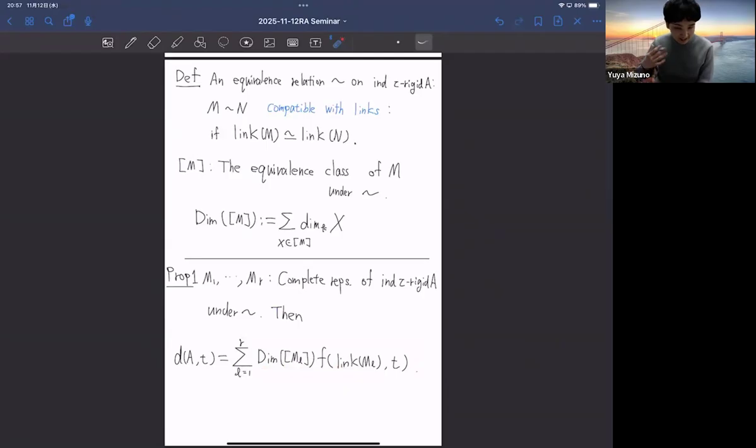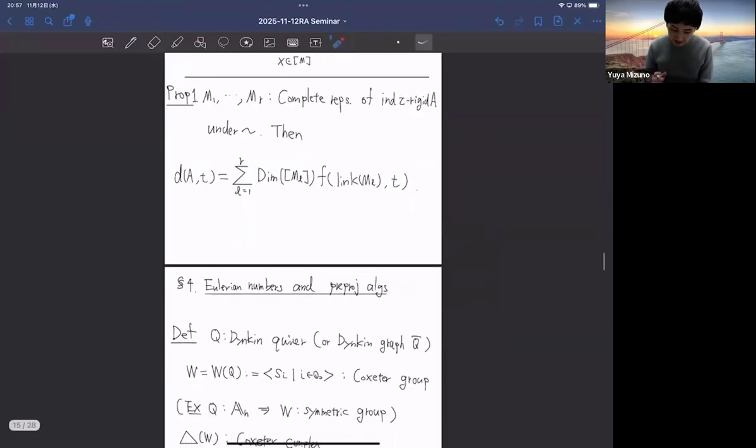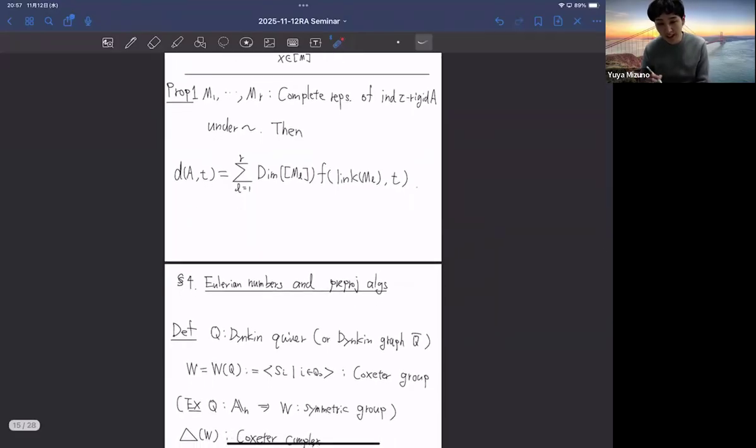We will visit this equality again later. Okay, so from now we consider preprojective algebras and explain why we consider them.